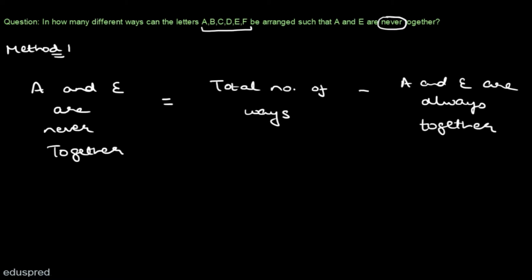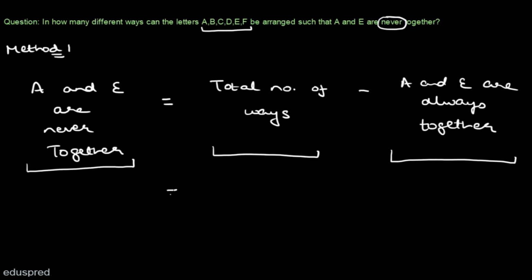And that's it. Because you have to find the number of ways where A and E are never together, the simplest possible way is to do total number of ways minus the ways where A and E are always together, and this will give you your answer.